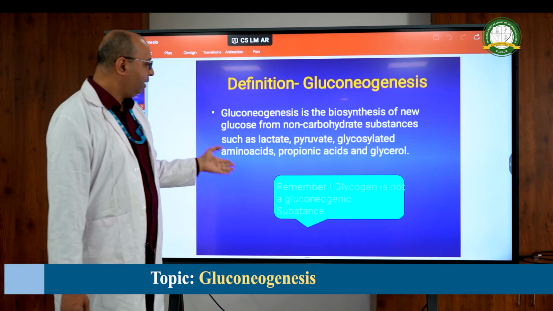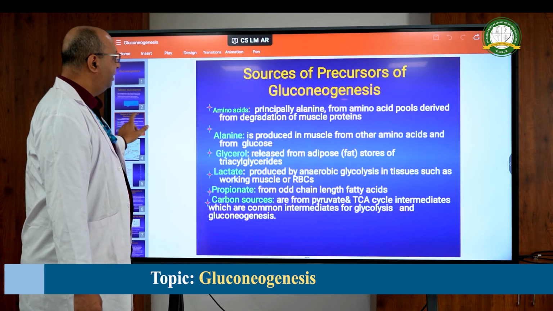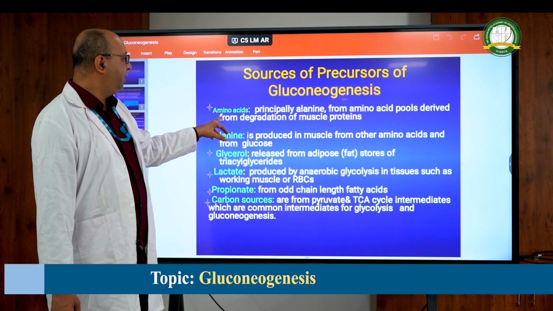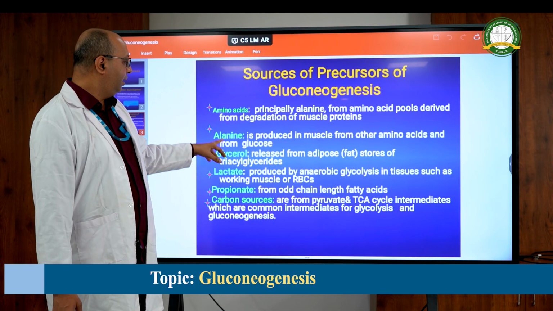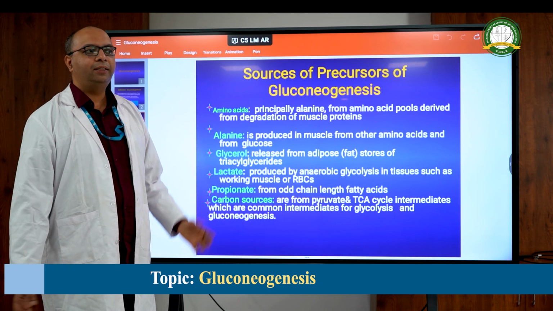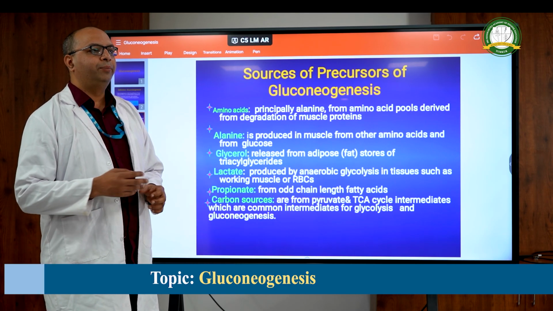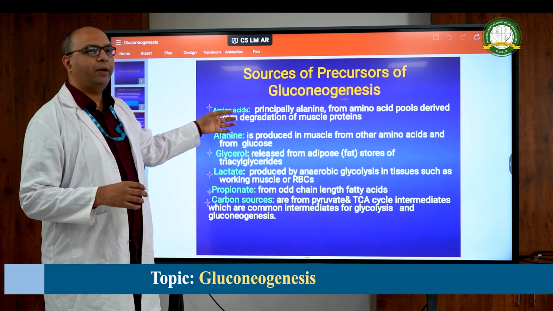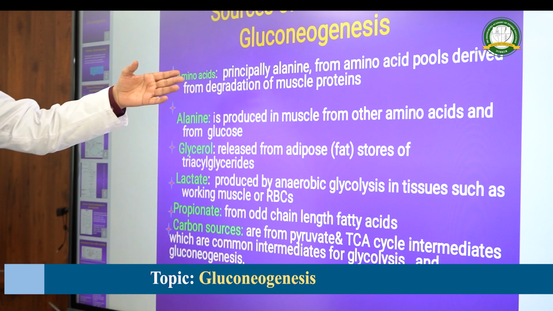Okay, so we'll go to the next slide. What are the precursors? What are the substrates for gluconeogenesis? One is amino acids, alanine, glycerol, lactate, propionate, and carbon sources. These are nothing but the breakdown of lipids and proteins. Breakdown products of proteins are amino acids, especially alanine.